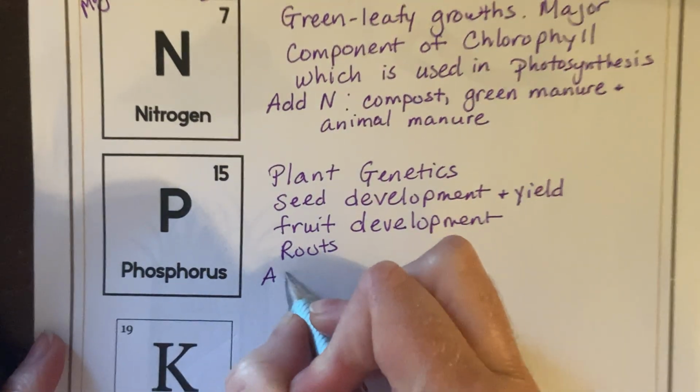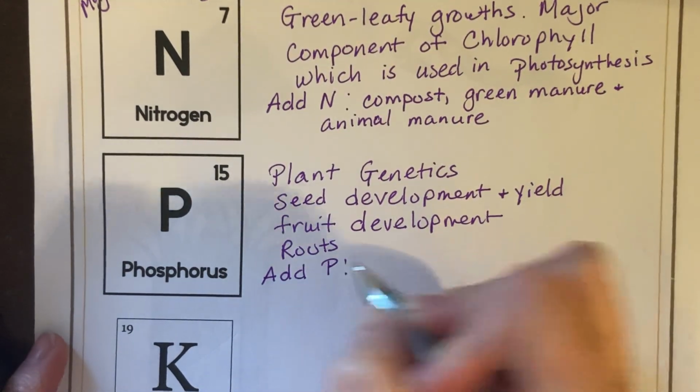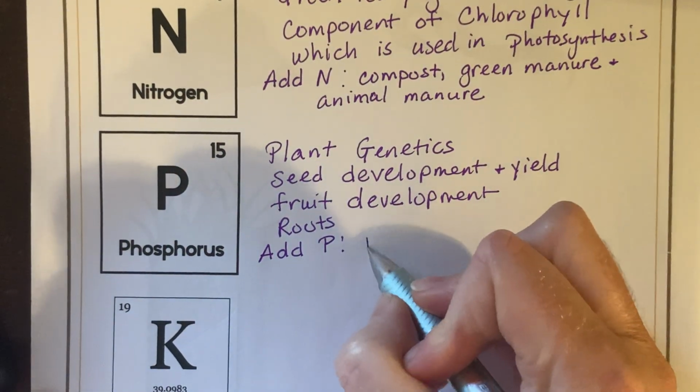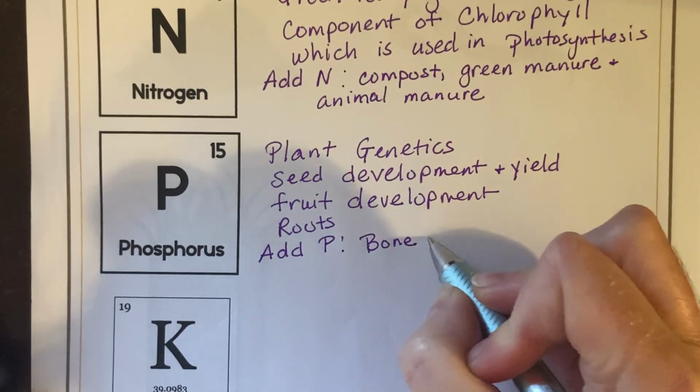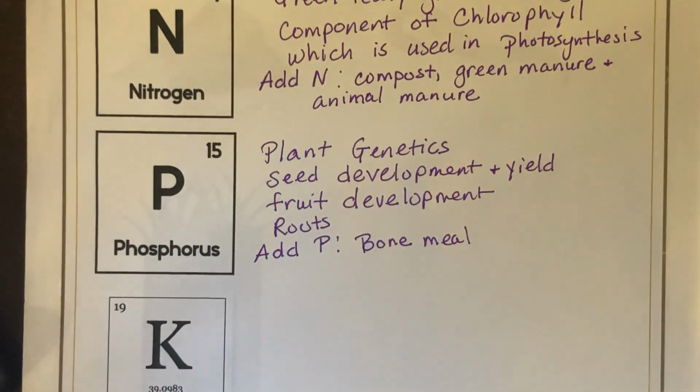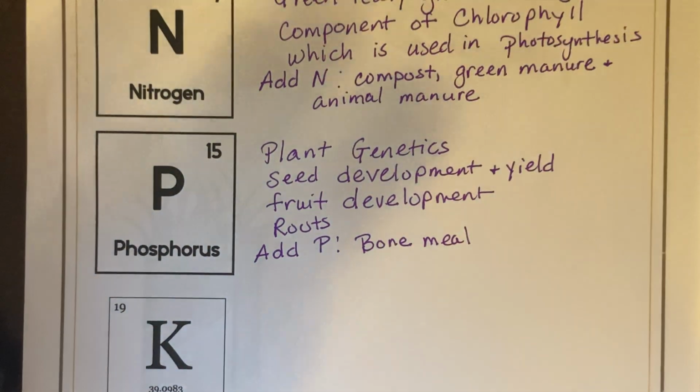You can add phosphorus naturally. You can get it from fertilizer bags, but you can specifically add bone meal. When they slaughter cattle to give you your hamburgers, they can take the bones and grind them up into fertilizer, which is high in phosphorus.